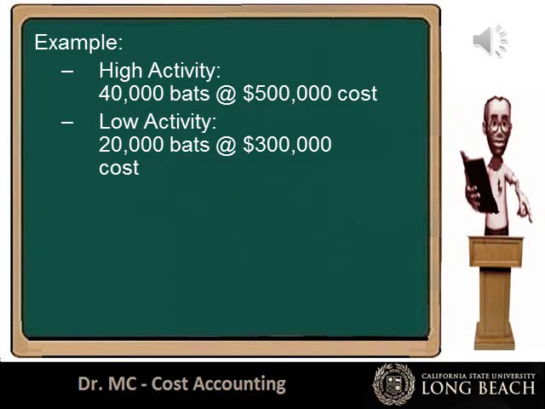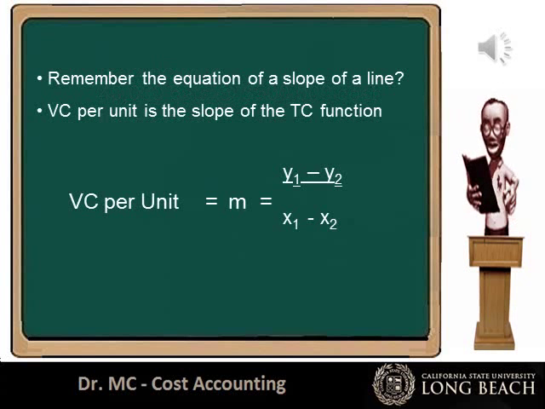If you were to use the high-low method, you would first calculate the variable cost per unit, which is the slope of the linear cost function. You can derive the variable cost per unit using the formula for the slope of a line that you learned in your high school geometry class.